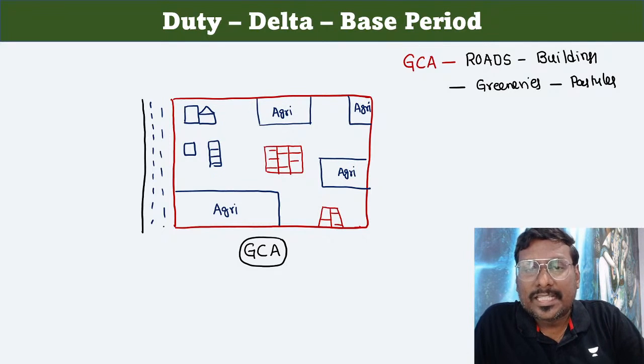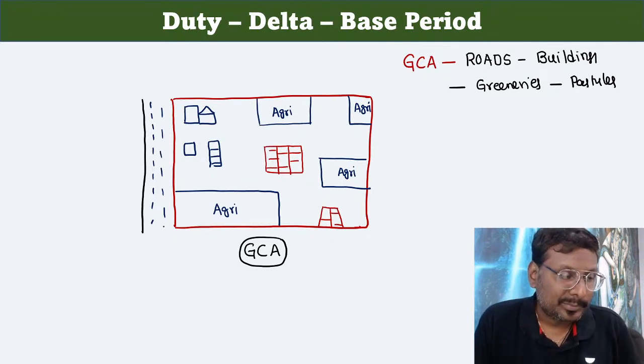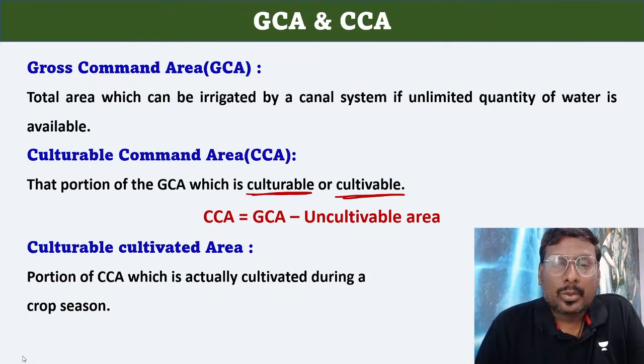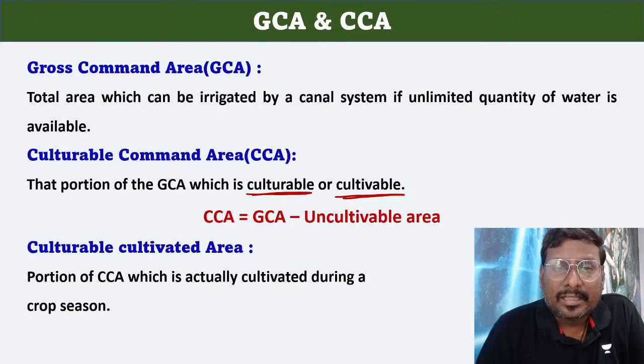All that excluded, what remains is CCA, cultivable command area. So CCA is GCA minus uncultivable area.